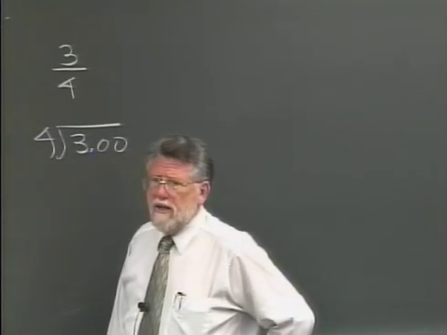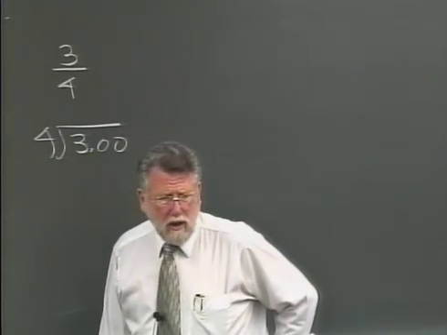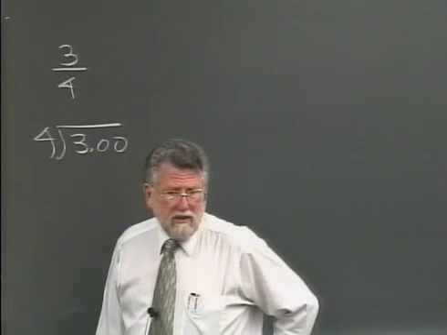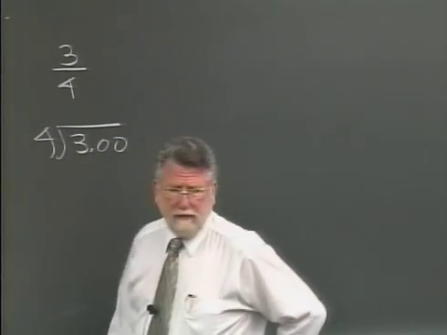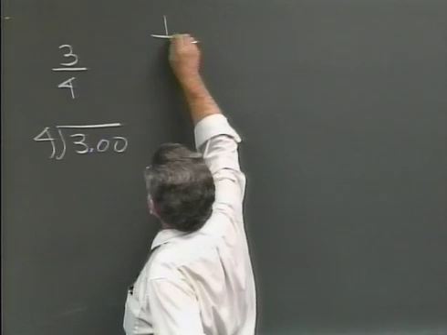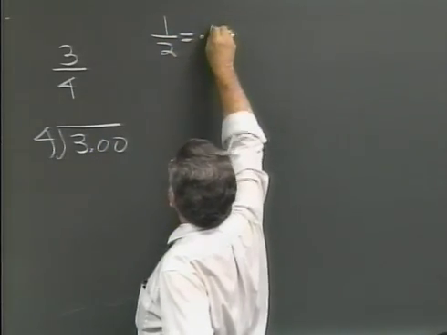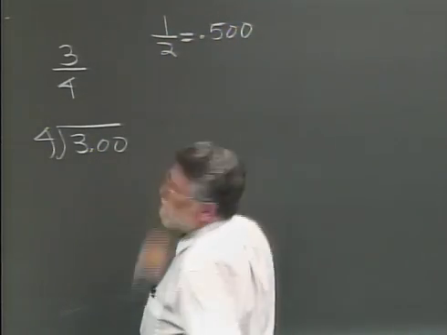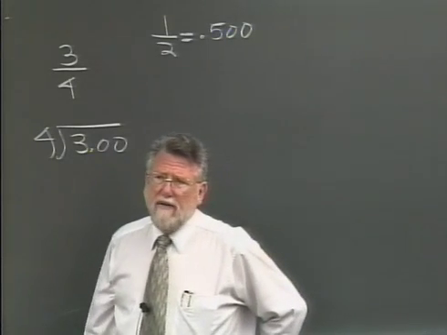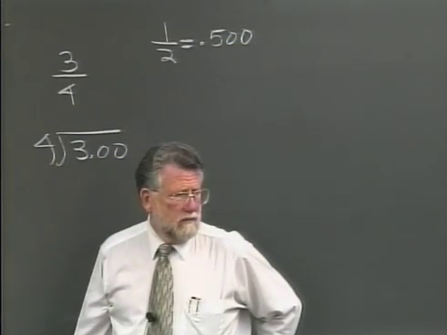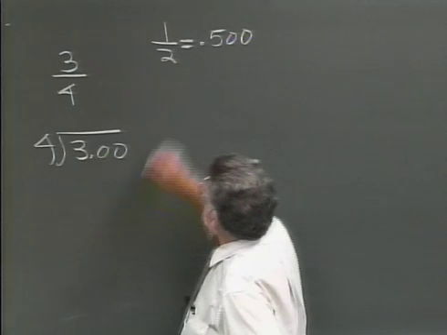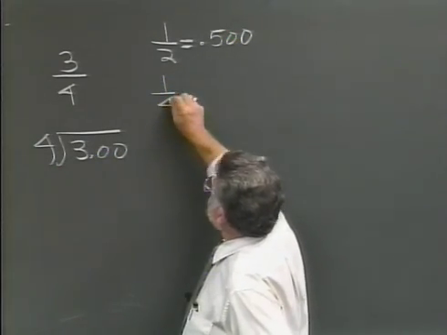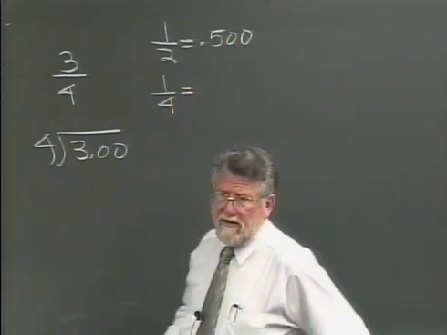Now there are a few of these I would encourage that you remember, and let me talk about how I do that. This is a list that can help you. I'm going to write 1/2 in this way: 0.500. Then 1/4 is just 1/2 of a half, isn't it?